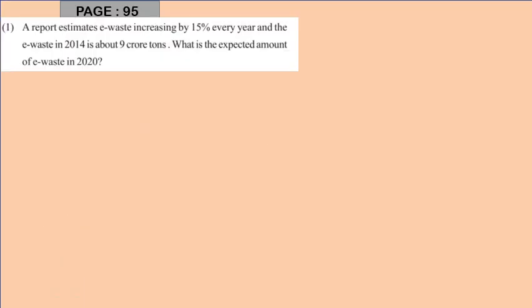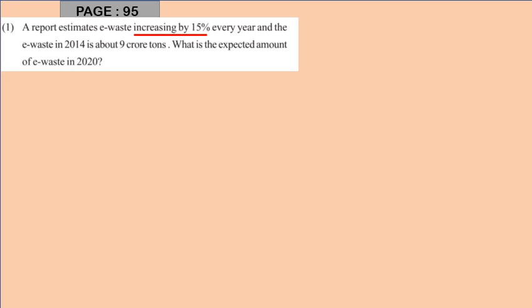Now let us see questions from page number 95. Question number 1. A report estimates e-waste increasing by 15% every year and the e-waste in 2014 is about 9 crore ton. What is the expected amount of e-waste in 2020? See children, here also annual rate is increasing by 15%.